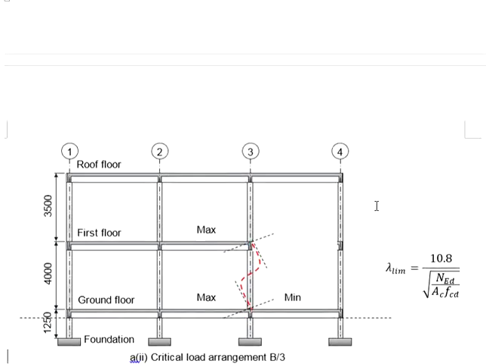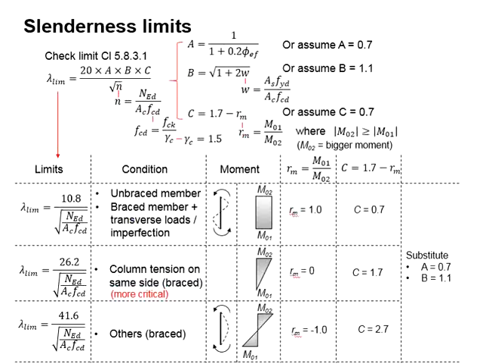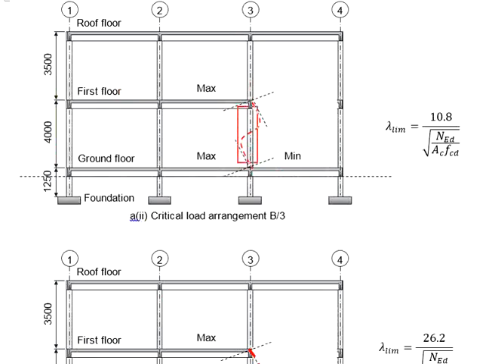To answer this, let us first look at different load arrangements. The loading arrangement shall govern the moment acting onto the column, which subsequently will govern the response of the column. Let's say now we are dealing with this column. We are designing the column on the basis of the critical load arrangement. That means the priority will be to generate the largest moment acting onto the member as possible.